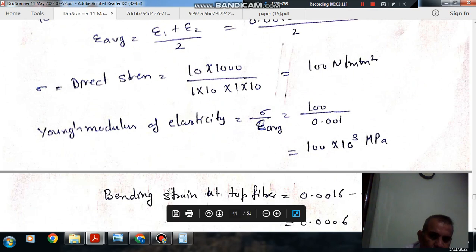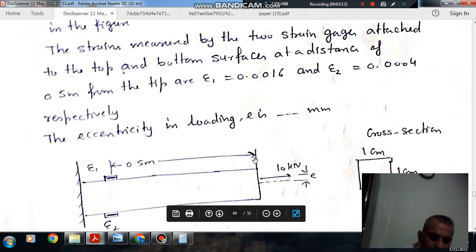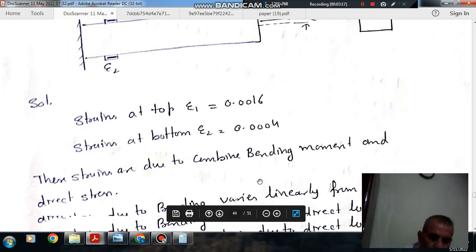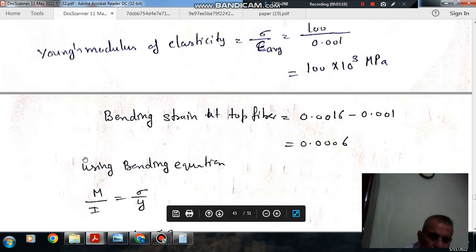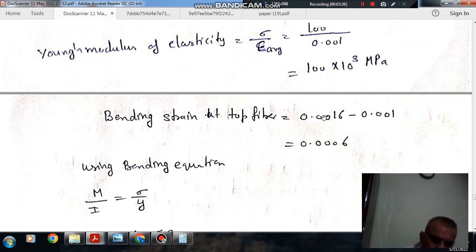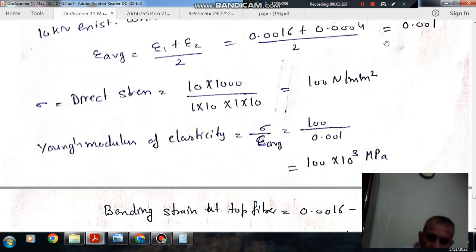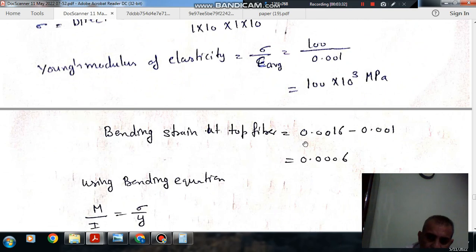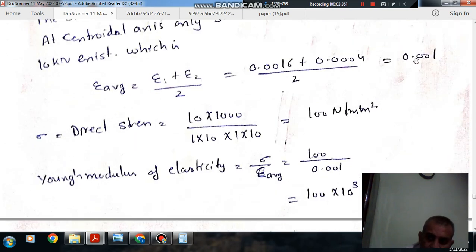Okay, now this direct strain is occurring uniformly throughout this section. So the strain at the top fiber includes this average strain at the neutral axis, and this strain is also acting at the top fiber.